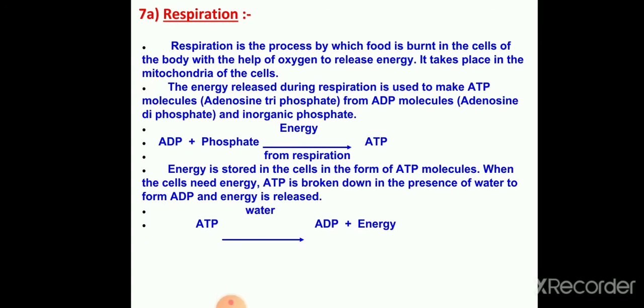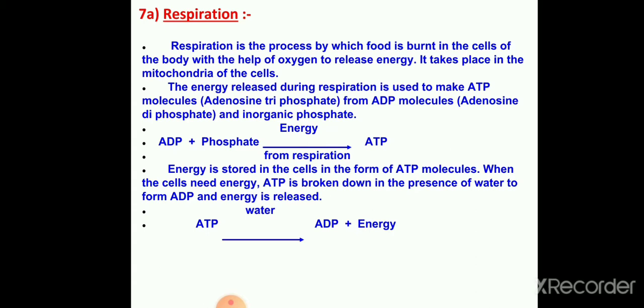Respiration is the process by which food is burned in the cells of the body with the help of oxygen to release energy. It takes place in the mitochondria of the cell. Last year, in the tissue chapter, you saw the different kinds of tissues and how mitochondria are known as the powerhouse.